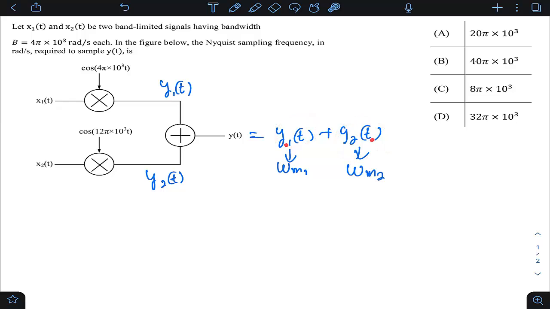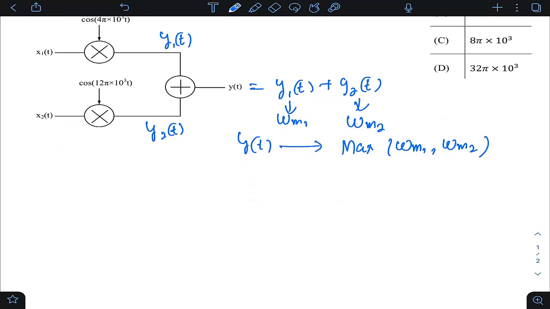When adding two signals, what is the maximum frequency of y(t)? It will be the maximum of omega m1 and omega m2. Adding two signals is basically a union of the spectra, so the maximum frequency is the maximum frequency of the two signals which you are adding.